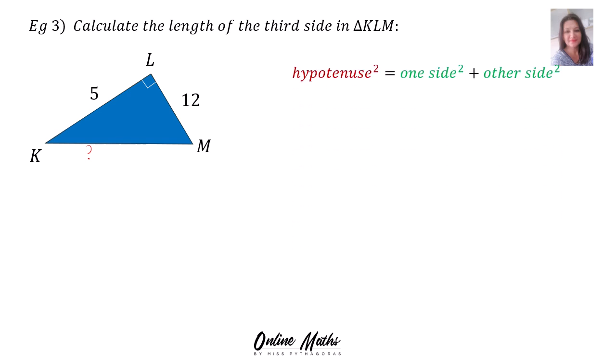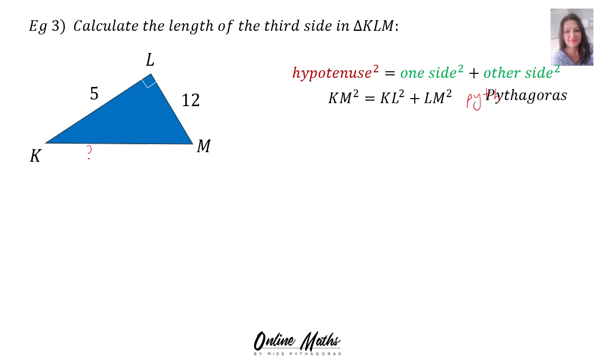So again, the theorem of Pythagoras, you always start with hypotenuse squared is equal to one side squared plus the other side squared. So in terms of triangle KLM, we can then say that the hypotenuse is KM squared equals KL squared plus LM squared. And remember, you have to add Pythag.